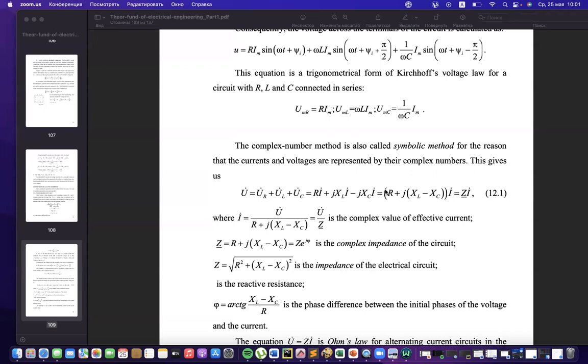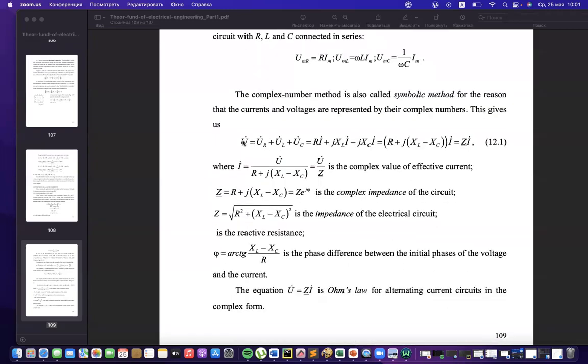And in total, we obtain the value called impedance, the total resistance that is multiplied by current, and the dependence between voltage, current, and the impedance value is also implemented as Ohm law, as total resistance of the whole three serially connected elements.